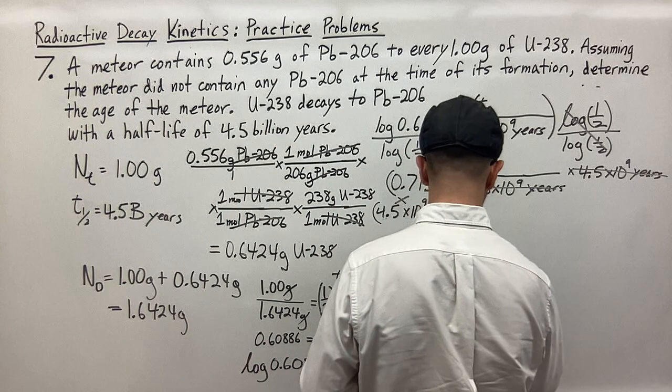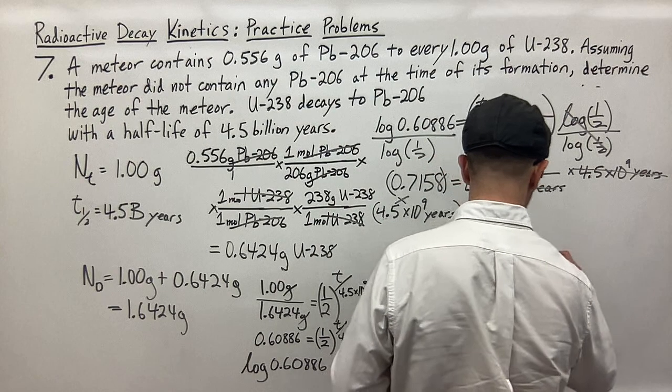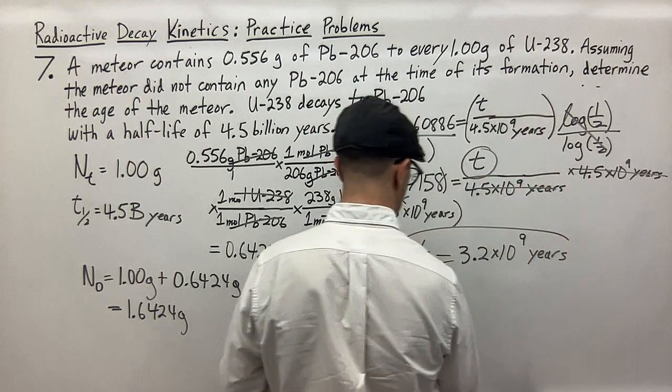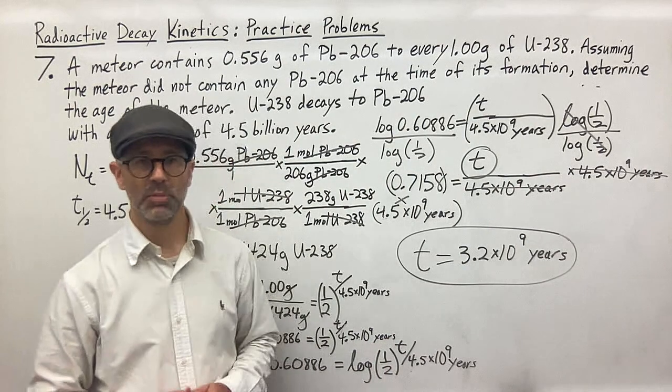Basically, I get 3.2 times 10 to the 9 years. So that, ladies and gentlemen, is the age of our meteor.